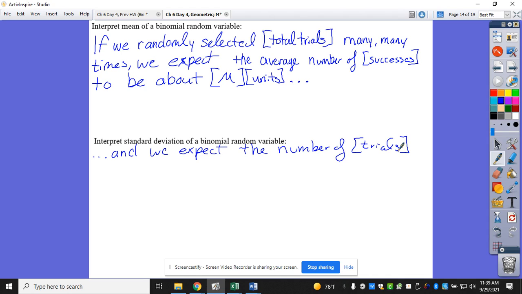I'm looking at the wrong one. Successes, which, technically I could write it as trials if we did it as rolls. To what? From what?